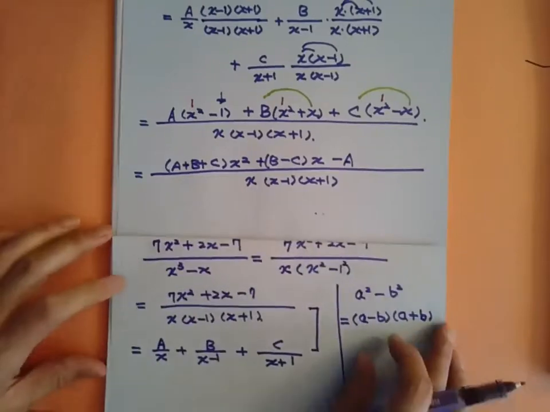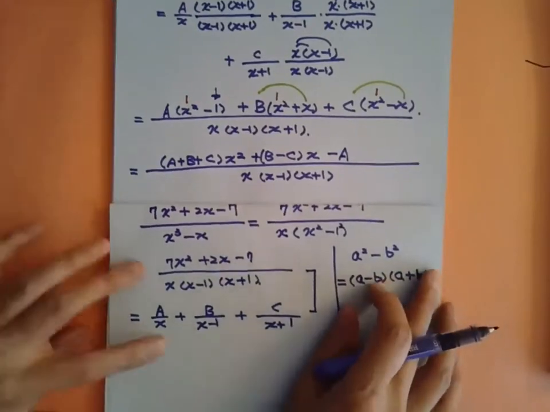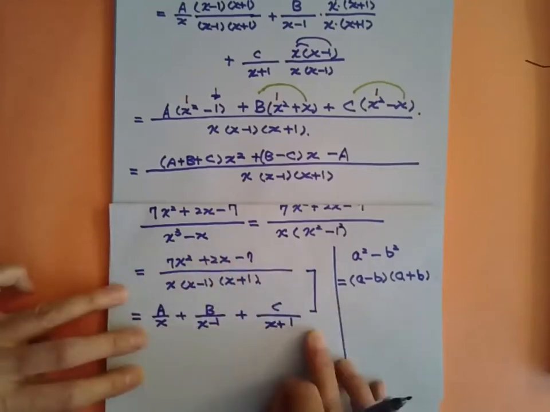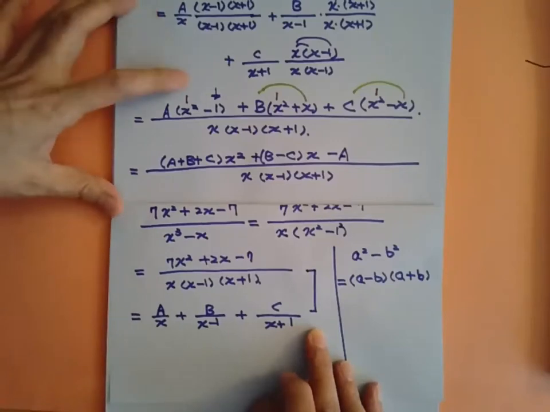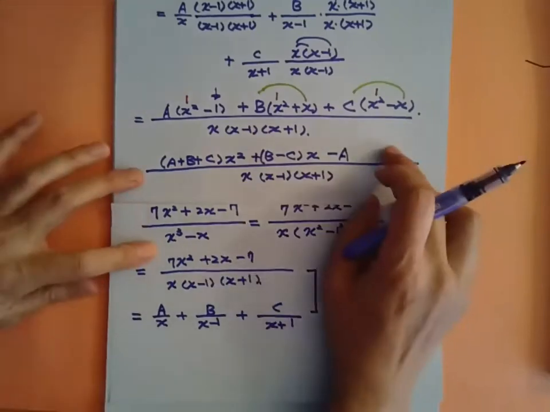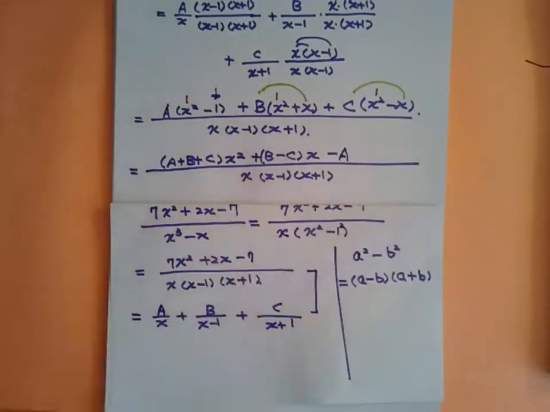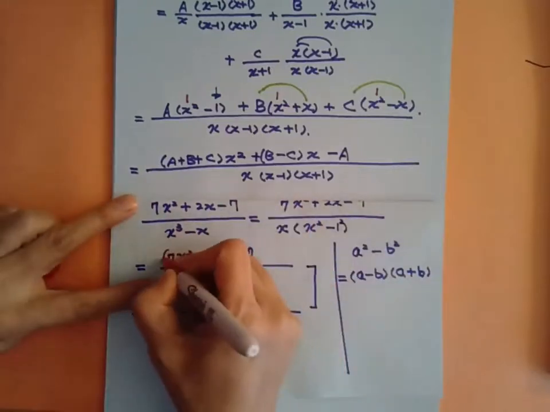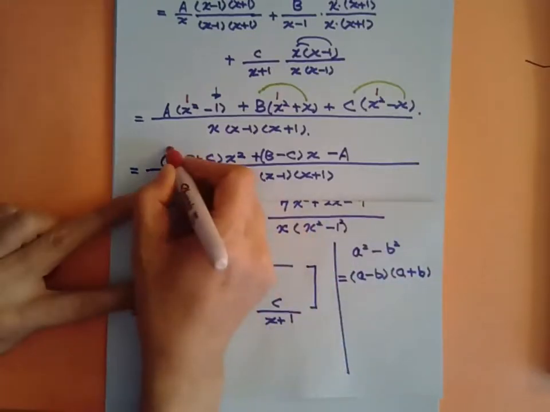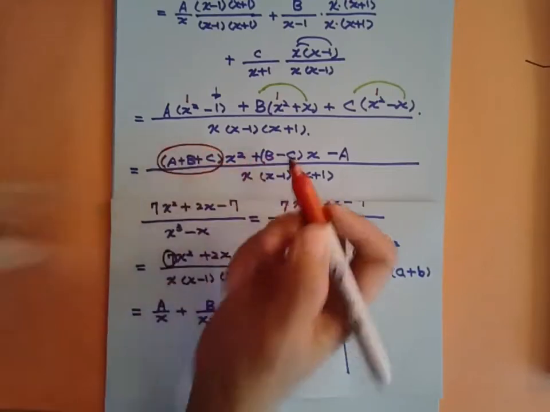So what's going on here is we started here and we split it into 3 fractions, and then we combined them together. And we got this one, right? What we notice here is the coefficient of x squared is 7, but it became a plus b plus c.